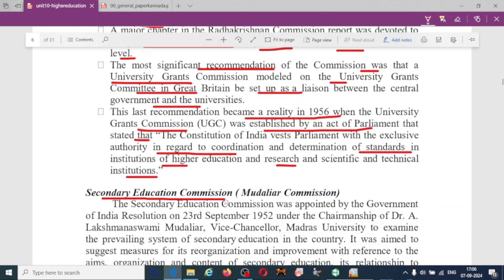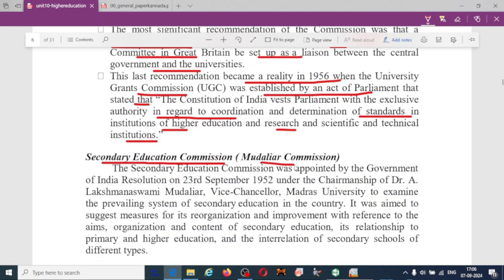Secondary Education Commission, we call it the Mudaliar Commission, which was appointed by Government of India resolution on 23rd September 1952 under the chairmanship of Dr. A. Lakshmanaswami Mudaliar. That's why we call it the Mudaliar Commission. He was the Vice Chancellor of Madras University.